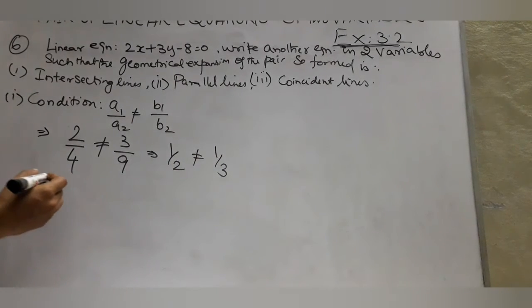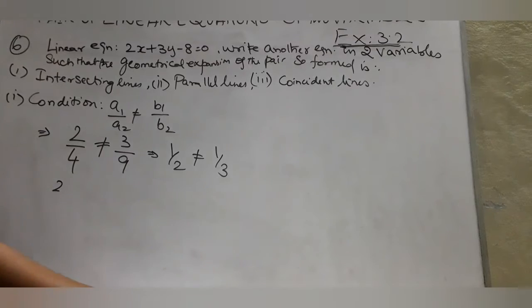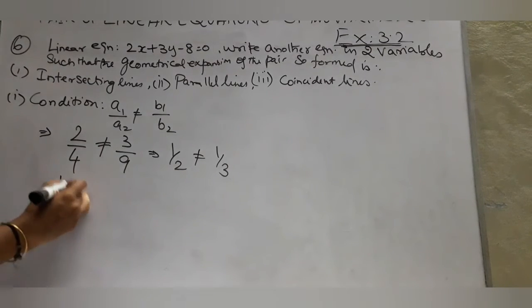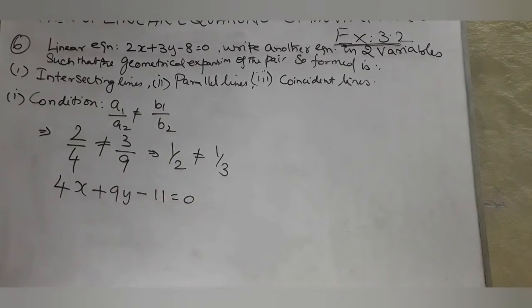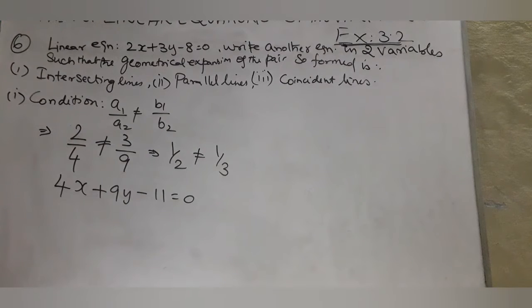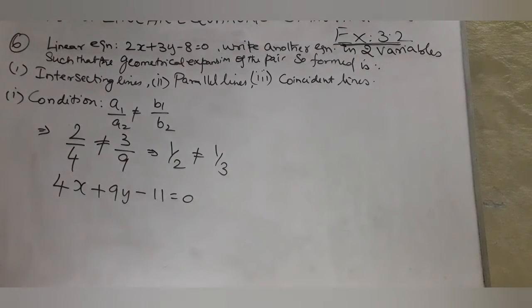So, we can frame another equation as 4x plus 9y, any constant you can make it. So, 4x plus 9y minus 11 is equal to 0. Then, the two equations are intersecting lines.